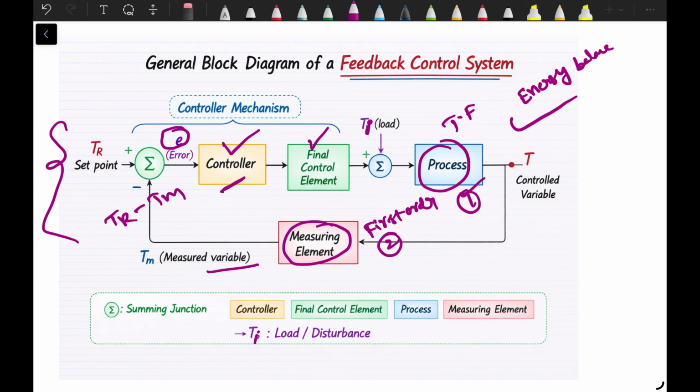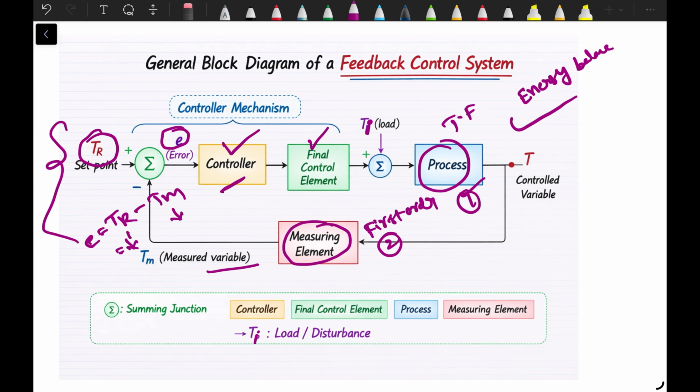So we define error equal to TR minus TM, where TR is the set point temperature and TM is the measured temperature. The purpose of the controller is to reduce the error and bring the process variable to our desired set point.